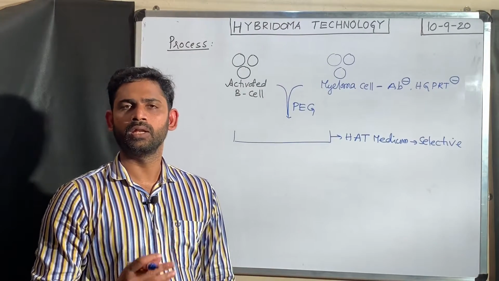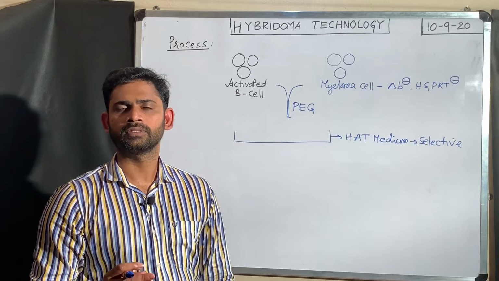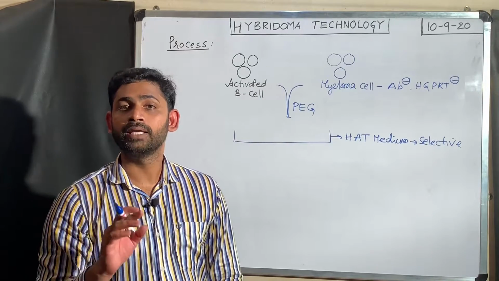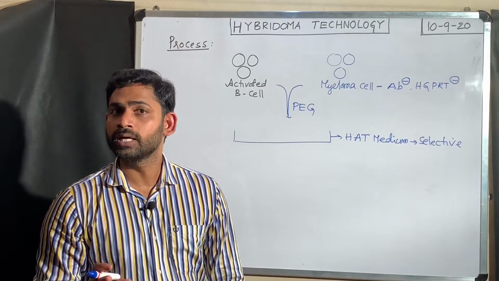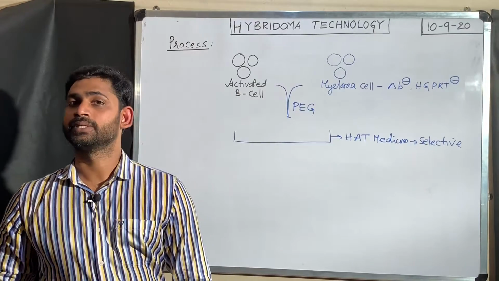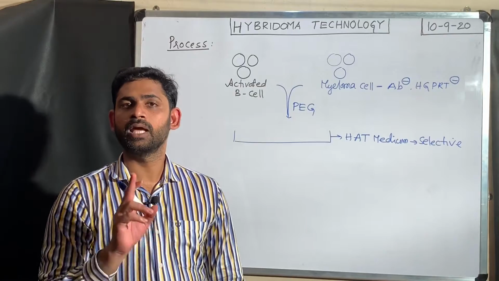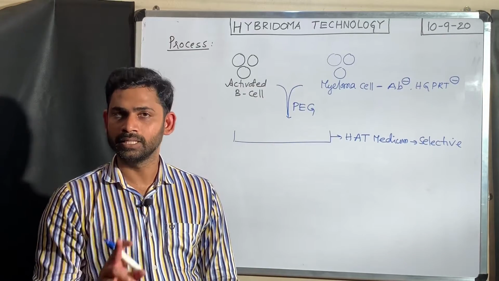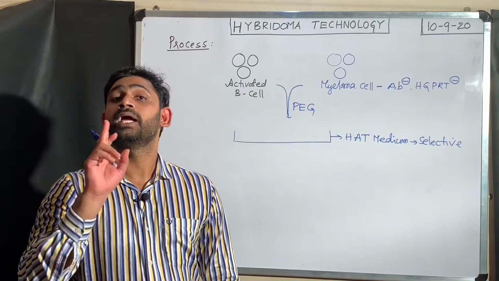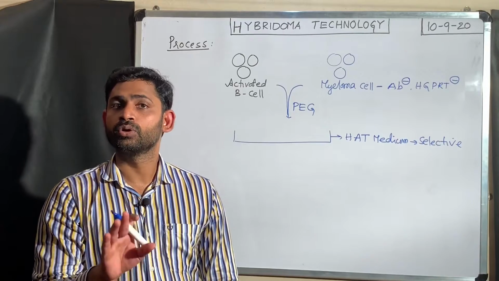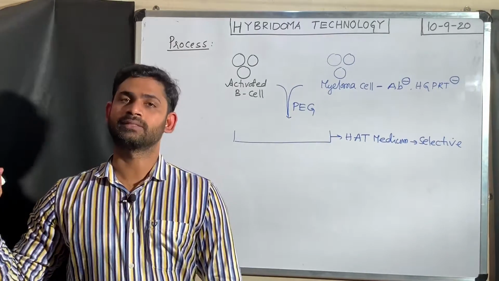Selective medium allows growth of certain organisms by inhibiting the growth of the remaining organisms. That is called a selective medium.